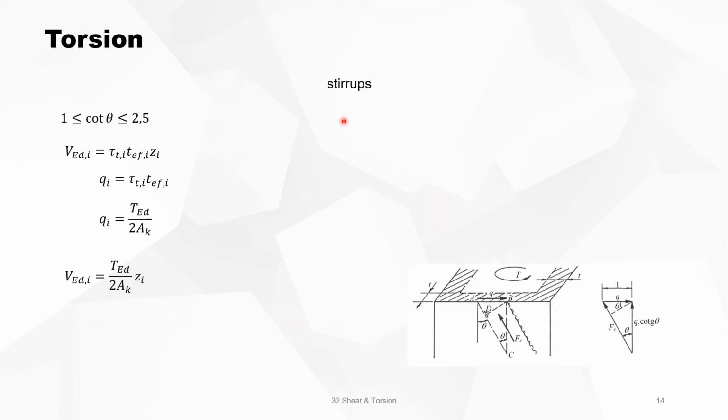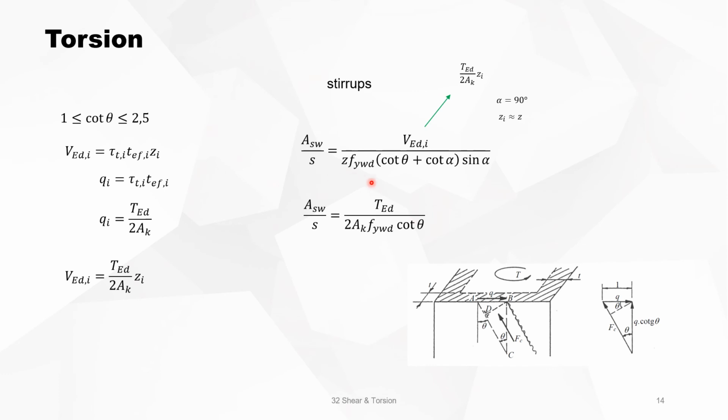And for the stirrups, we have seen Asw over s equals this, but VEd1 is what we have seen now is this element, and you can transform it to this formula. This is the stirrups that you need due to the torsional bending moment.